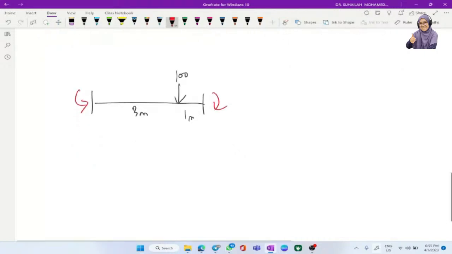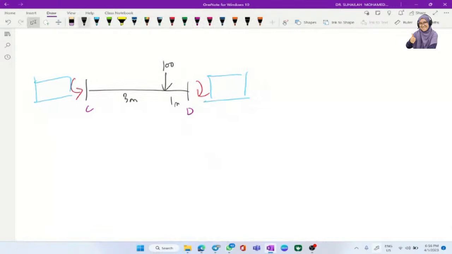Okay, so I want you to continue and find the value. This is not A, this is C and D. So find the value. FEM CD will be a negative value, and FEM DC will be a positive value.